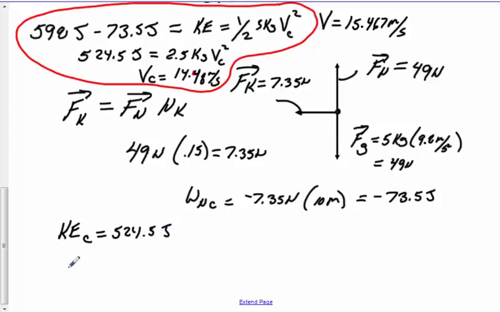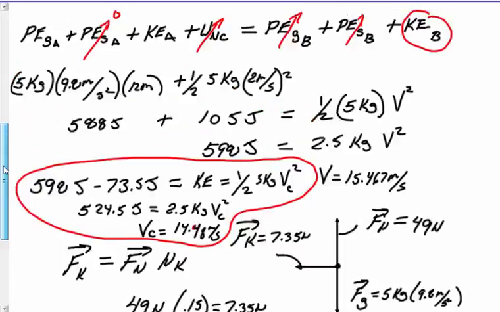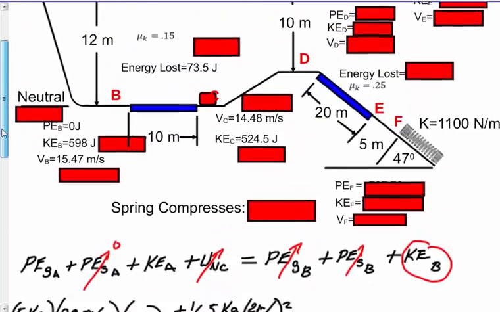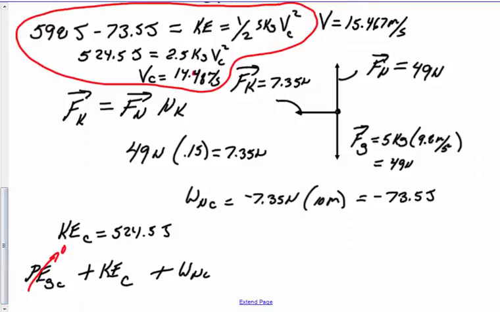Again, I can go ahead and write my equations. I know my gravitational potential energy at C is 0. We'll go ahead and cancel that out right now. Plus my kinetic energy at C, plus the work done by non-conservative force. And again, we know there's no work being done by any non-conservative force because there's no frictional force between C and D. We will make that also 0.